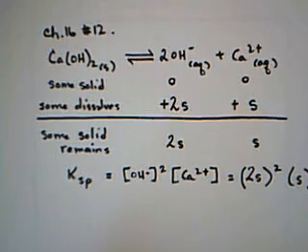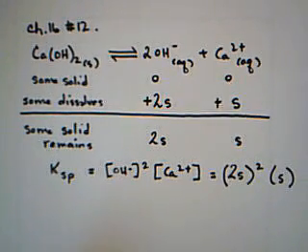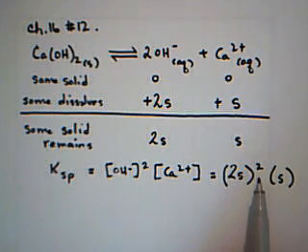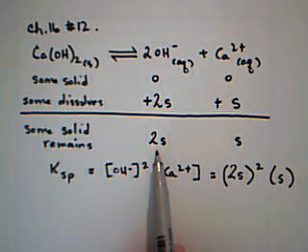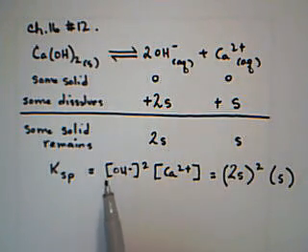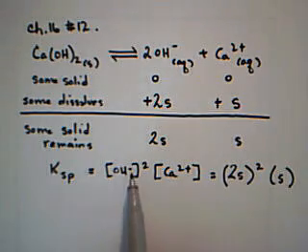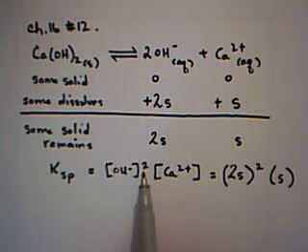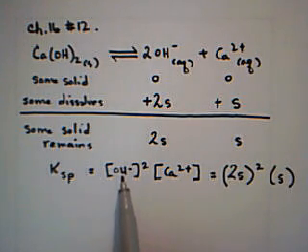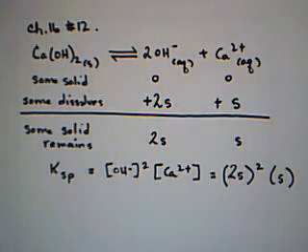So usually when I do this kind of a question, people say, well, since you already have the 2s, why did you also have to square it? Remember, 2s is the concentration at equilibrium, and then the concentration at equilibrium is squared because of the stoichiometric 2, so it is 2s all squared.